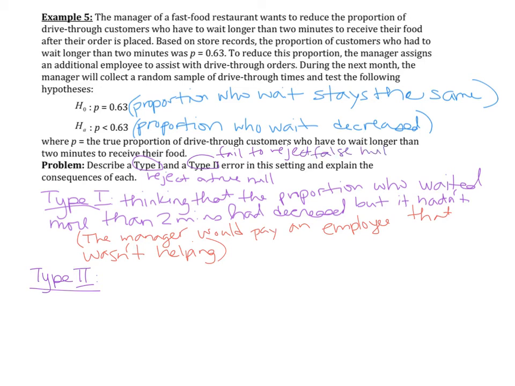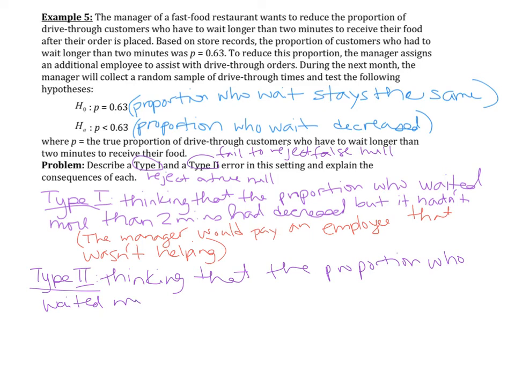So failing to reject the null hypothesis here would mean that you would assume that the proportion who wait longer than 2 minutes had not decreased, but it actually has. So in this case, it would be thinking that the proportion who waited more than 2 minutes had not decreased, but it actually had.